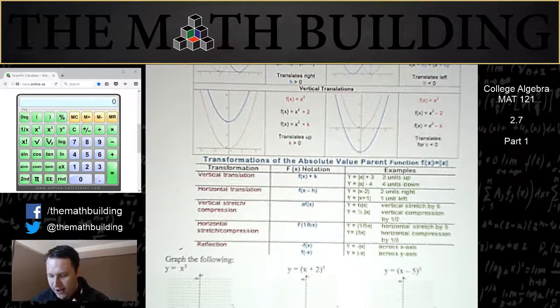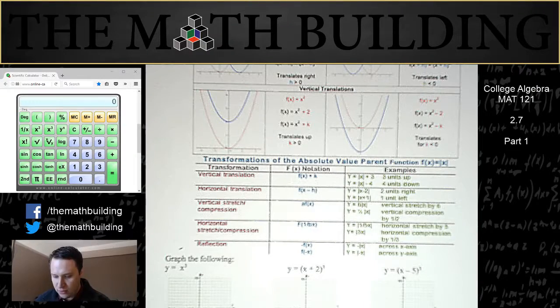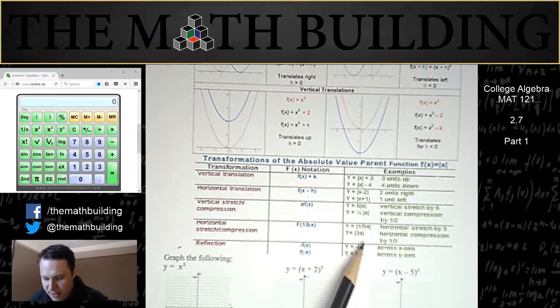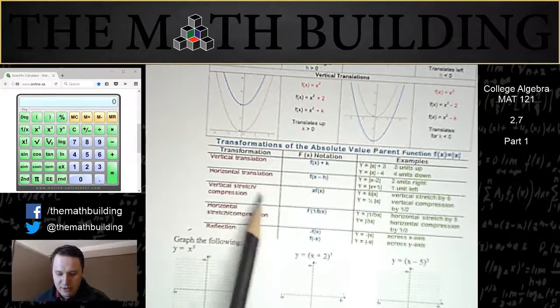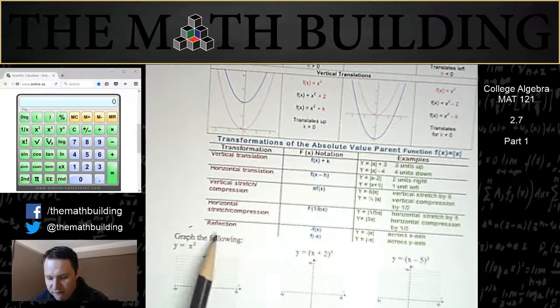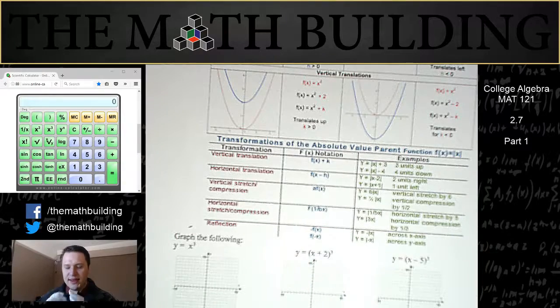If you multiply by a fraction, it compresses it horizontally. Same with the horizontal compression. Well, these are kind of connected, these two. Finally, if you throw a negative sign on it, it flips it over the x-axis. So your graph reflects across the x-axis, or you can think of it as just flipping across the x-axis.